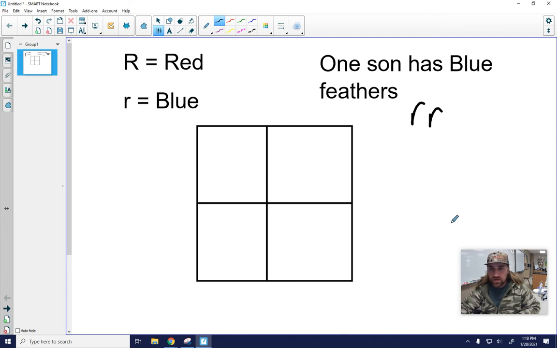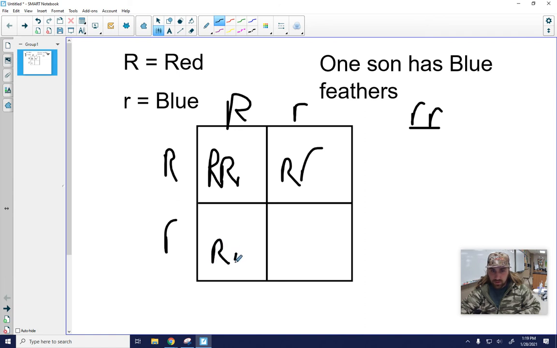So if we need to get both of these, we have to know that each parent has to contain one of those lowercase letters. So this will give me my mom with the uppercase R, lowercase r, my father with the uppercase R, lowercase r. They're both red, which is awesome. We then can fill in our Punnett square.